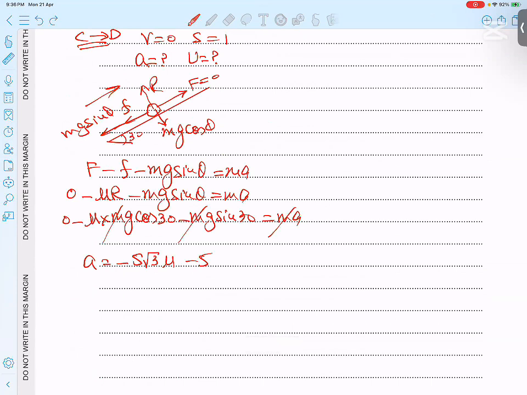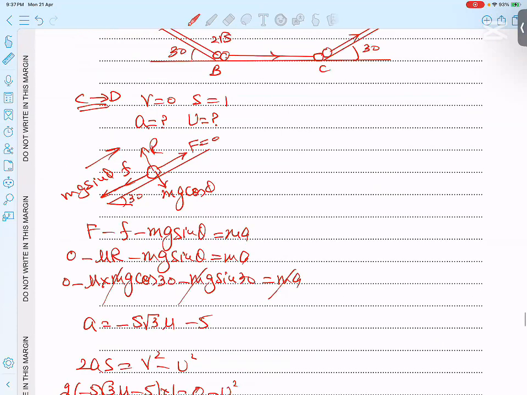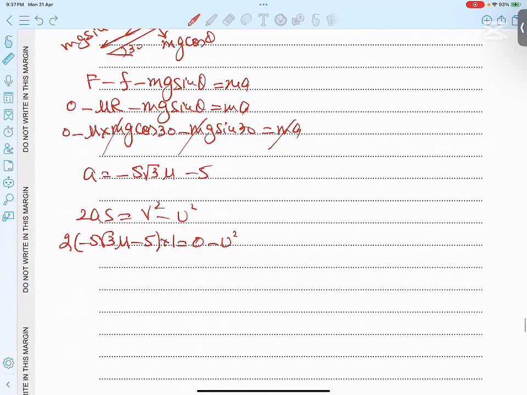We can use s equals ut plus half at squared, but I think the other one is better: 2as equals v squared minus u squared. Two times the acceleration, which is in terms of mu as here, and the last velocity is 0 because it stops at the peak. u is the task, and s is 1 meter, as given. Now, taking the negative common, I get u squared equals 2 multiplied by inside 5 root 3 mu plus 5, because the negative came out and cancelled. Taking the root, I will get this format.